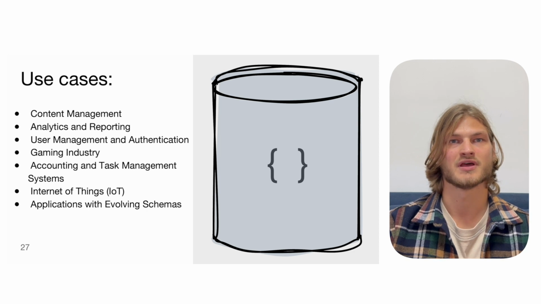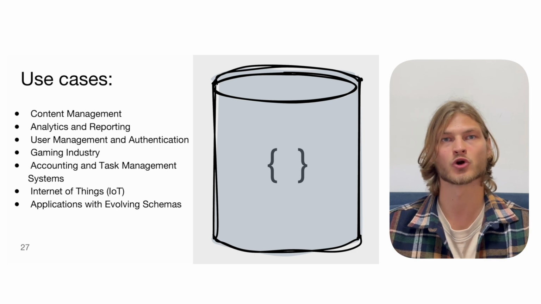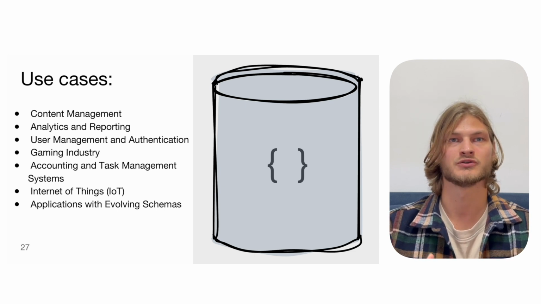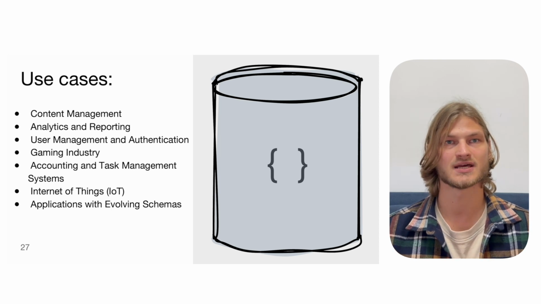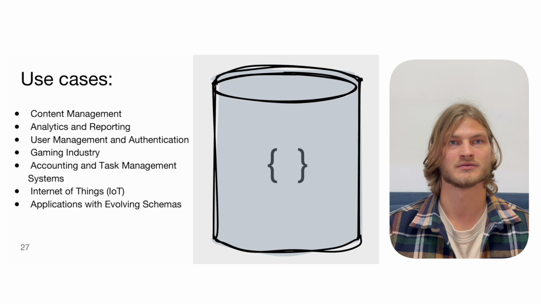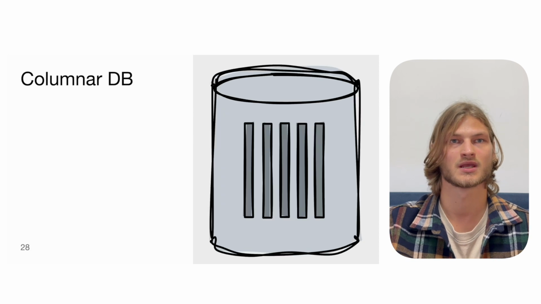Applications with evolving schema really need such databases because you can store it as a document. You don't need a particular schema to store the data, and it's really good to choose this type of database when you have such an application.